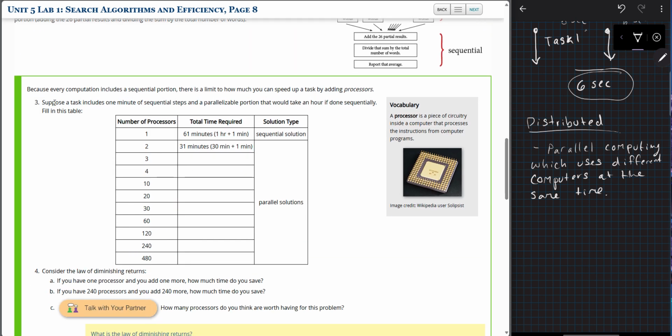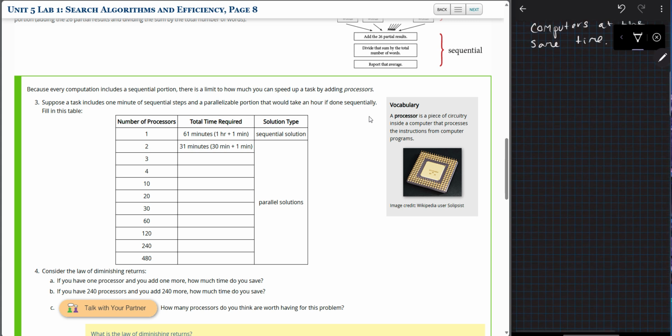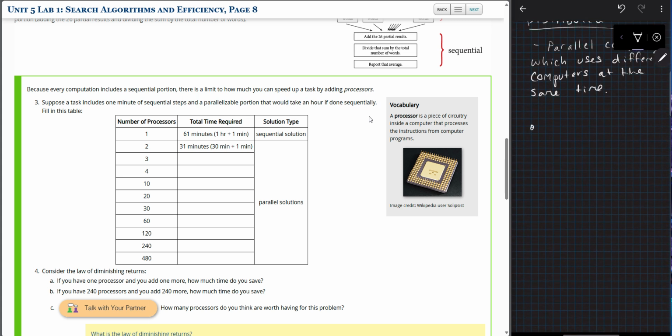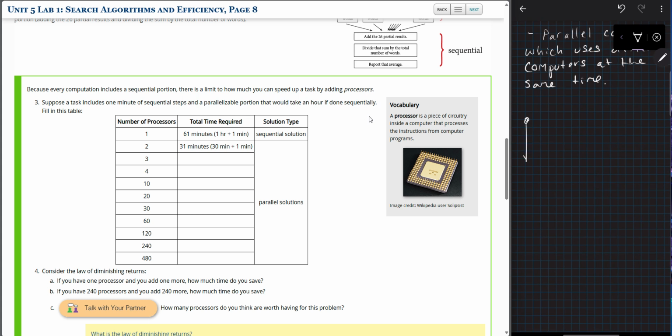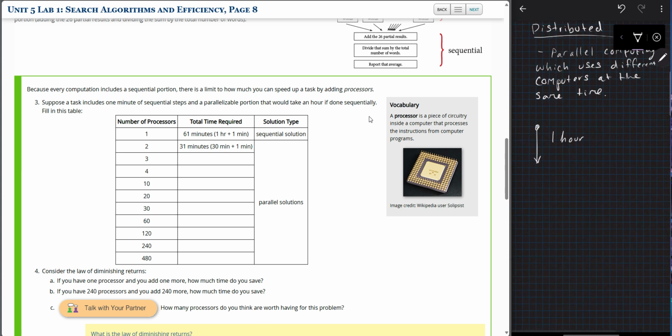So for example, suppose the task includes 1 minute of sequential steps and a parallelizable portion that will take an hour if done sequentially. So for this example, you have this instruction that takes 1 hour. And then you have an extra minute. I'm not going to draw that.